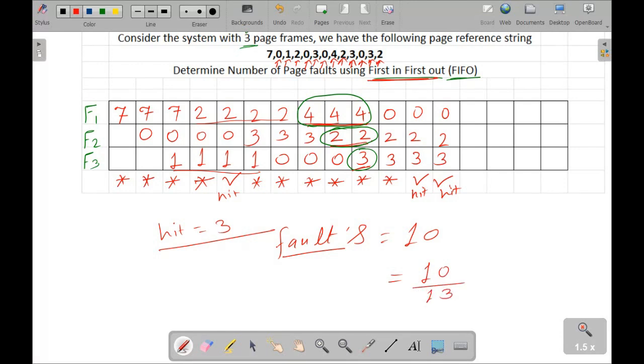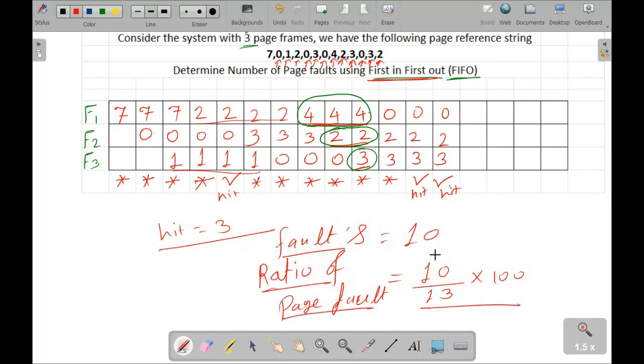Total transactions were 13, and 10 were page faults. So in terms of ratio, you should multiply this by 100, and you will get the ratio of page faults. So this is the ratio of page faults.